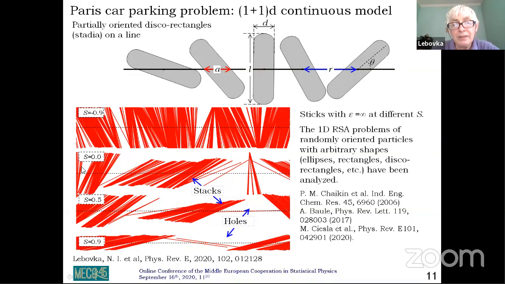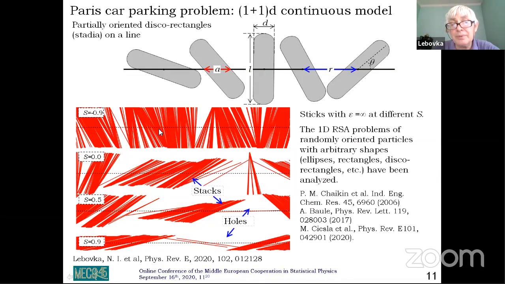But when we have a fully disoriented situation, we have such a situation, where the order parameter is equal to 0. In the case when the particles tend to be oriented along the line, we observe such a situation. Its order parameter is equal to 0.5, and in this situation, when the order parameter is equal to 0.9, we have such a situation.